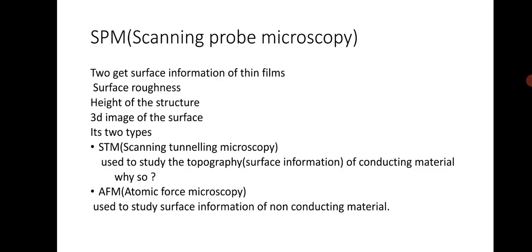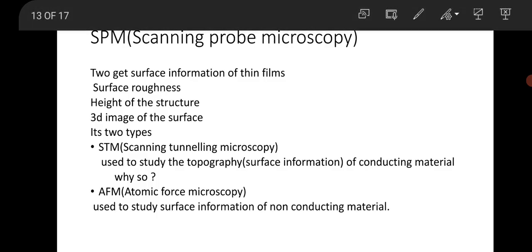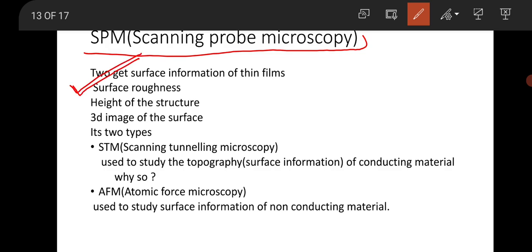So basically SPM stands for scanning probe microscopy. From SPM, we get surface information. It includes surface roughness, which is most important, and height of the structure.